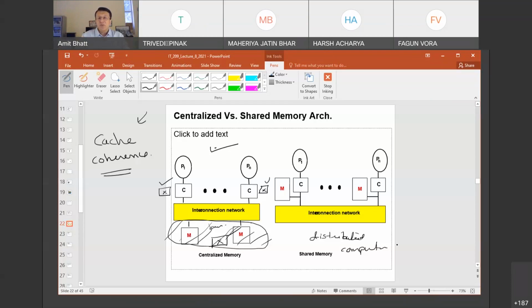Now what happened was that in 1988, two people from Lawrence Livermore lab made a prediction. Till 1988, all the supercomputers were made using specialized chips. Companies like Fujitsu and NEC were designing the chip for the supercomputer.